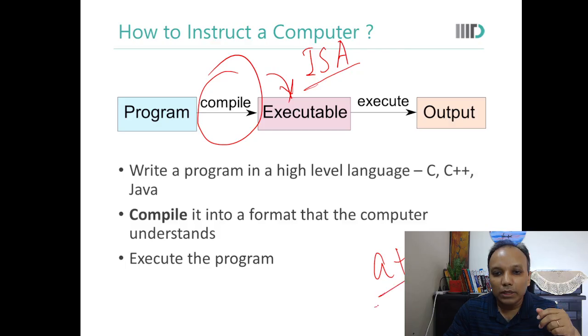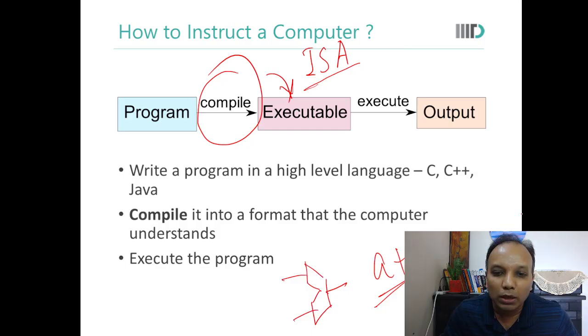Now, when I need to execute this, I will have an ALU inside the processor, which is called the arithmetic and logic unit. We will go into the details, but I just wanted to give you a heads up about what is inside a computer.